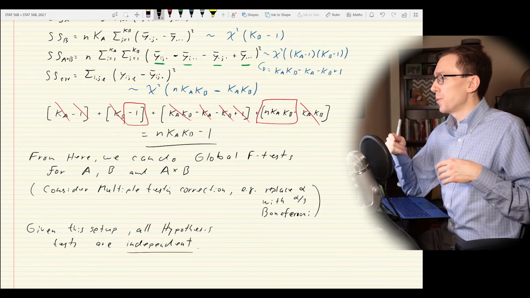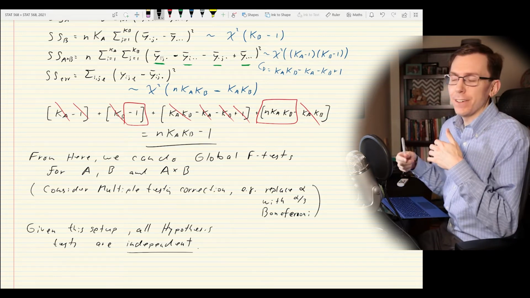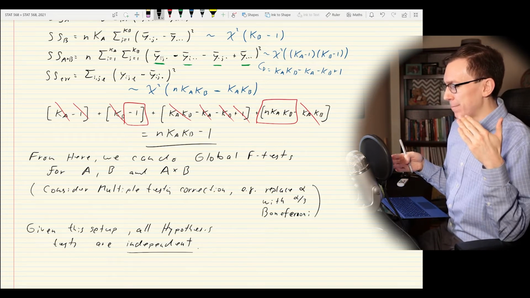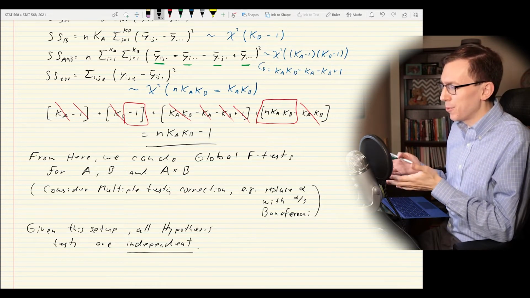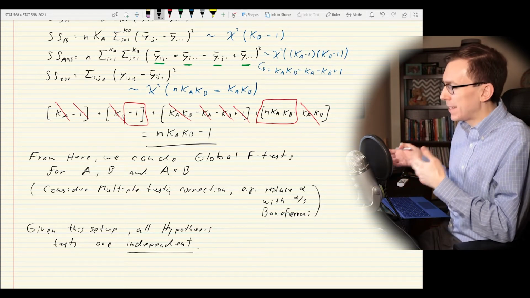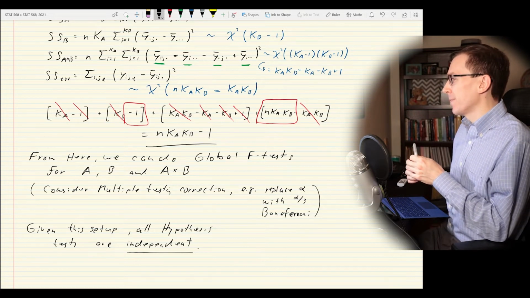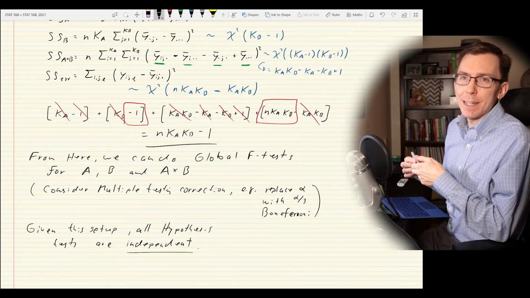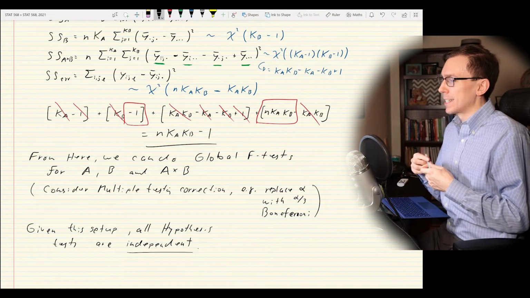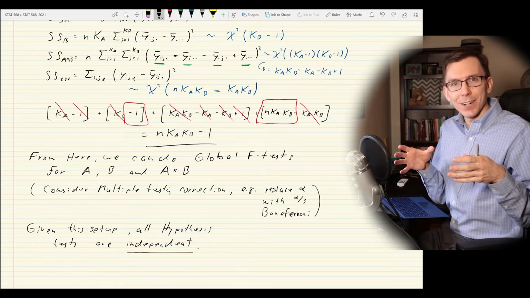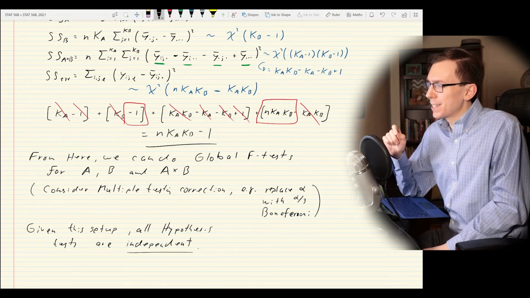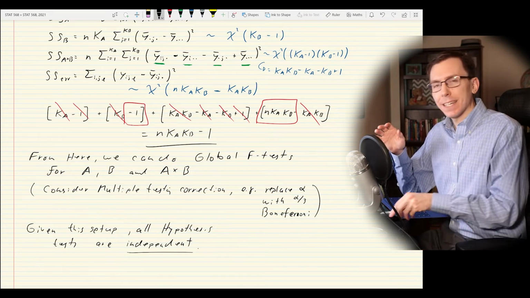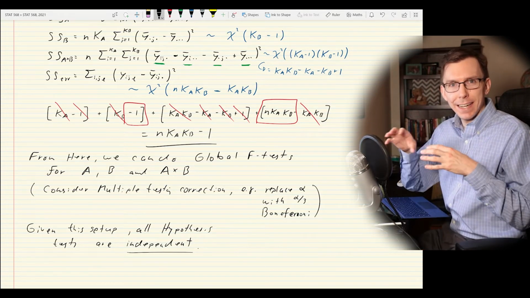If you're just doing, say, linear regression and you have, say, 2 different independent variables and you want to consider the interaction of those independent variables, typically you're not going to have independent hypothesis tests, because the data that you collected is just kind of whatever you get. But in an experimental design setting, we carefully consider all of the data points we have.